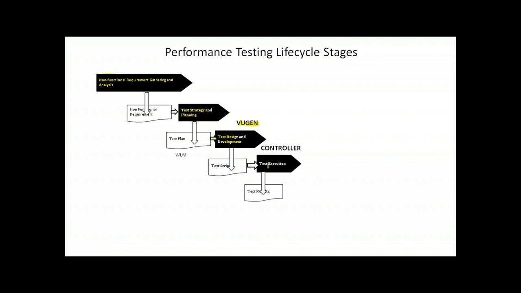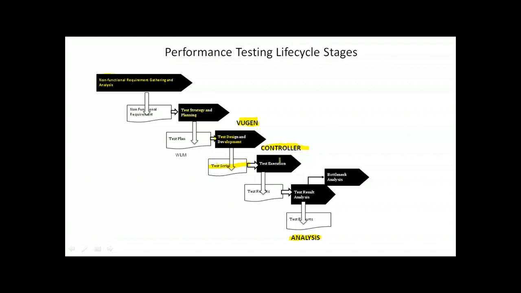Now the fourth phase, which is test execution, you take the scripts and start executing them using the component called controller. For the fifth phase, which is the test results phase, you use the component called analysis. So for test design, where you create the test scripts, you need the virtual user generator.